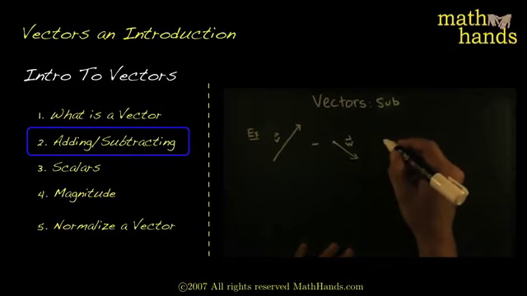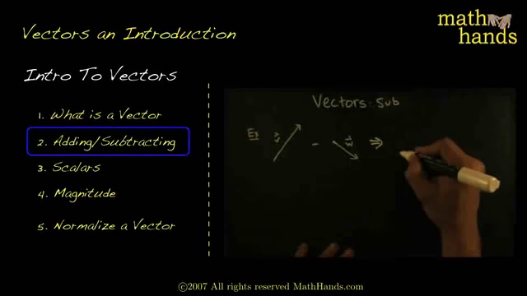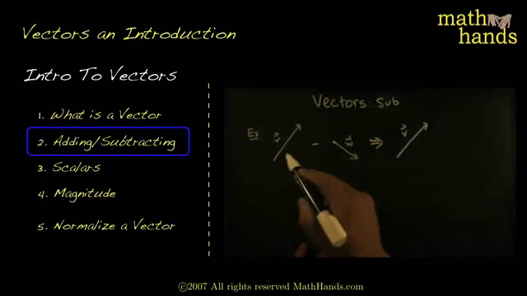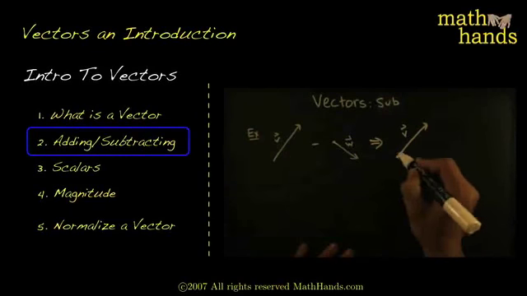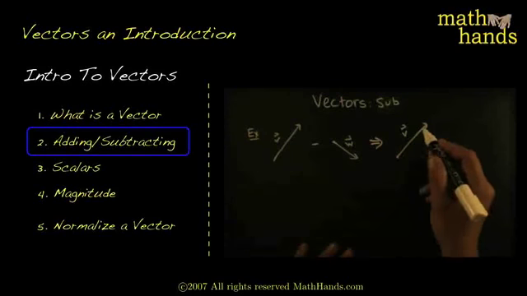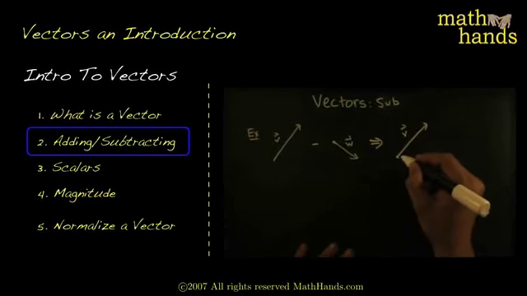A famous technique here for subtracting is to look at the following arrangement of the vectors. Suppose you place the vector V this way. Notice it's same size, same direction. And you place this vector here, but not the way you added, not tip to tail, but tail to tail.